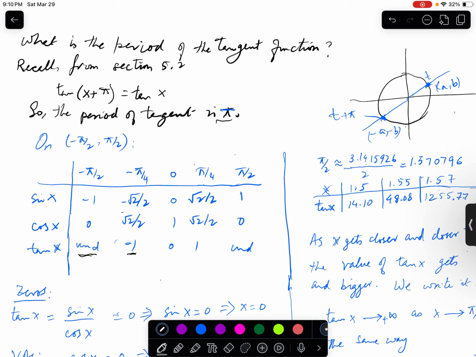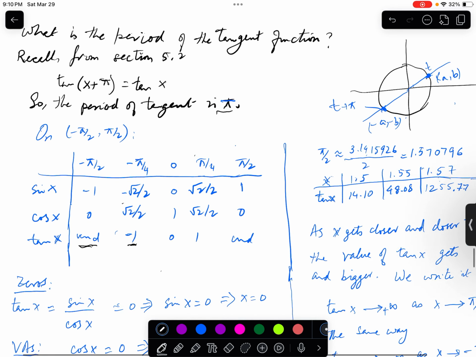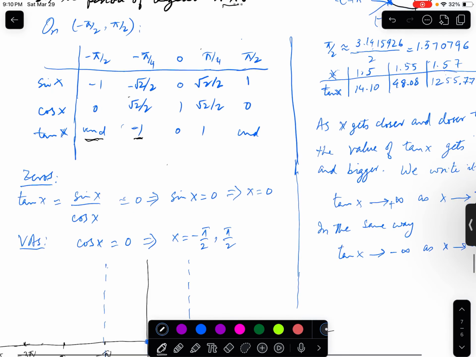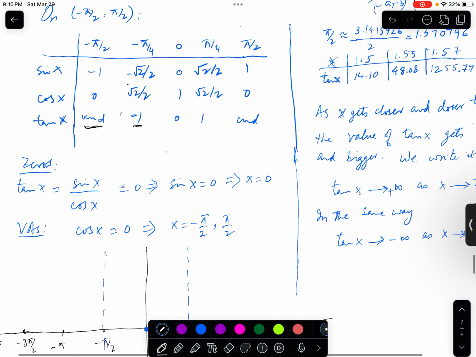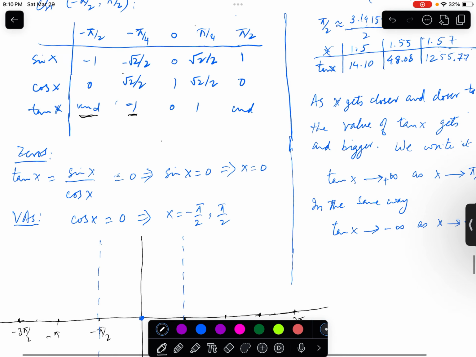Undefined means at pi over 2 we don't have a value, but we can look at values to the left of pi over 2 and to the right of pi over 2. Let's talk about the left of pi over 2. As we go from left to right, we get closer and closer to pi over 2. Now what is pi over 2?